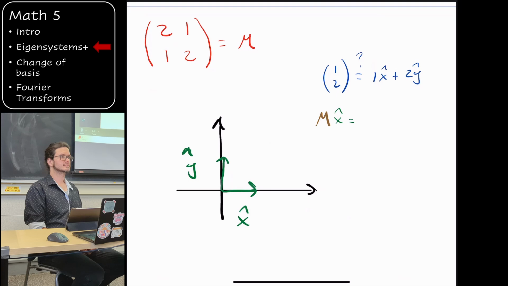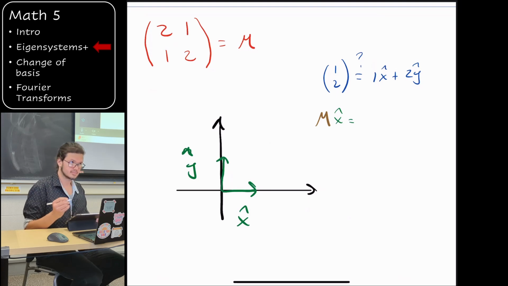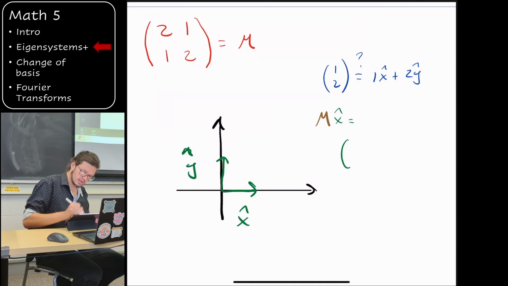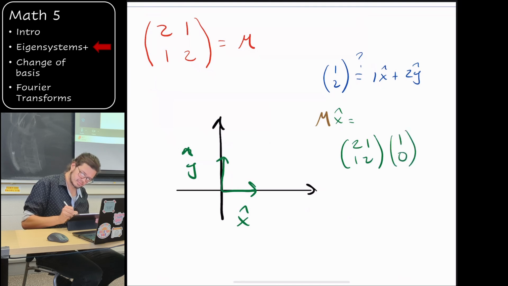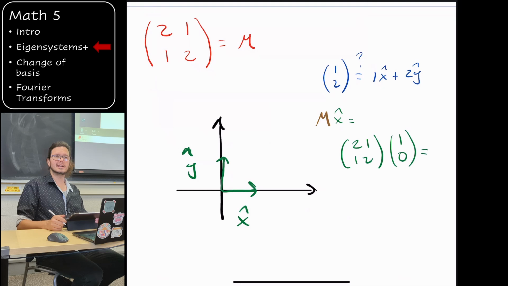Take matrix M and then convert x hat into a vector. So, I do the matrix 2, 1, 1, 2, and this applied to the vector 1, 0. Excellent, thank you. And this is equal to how much?